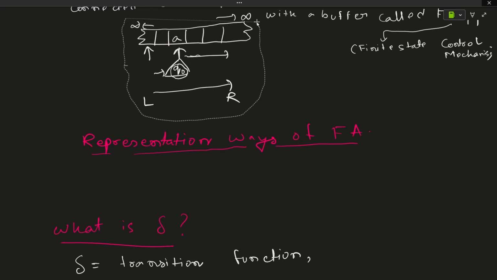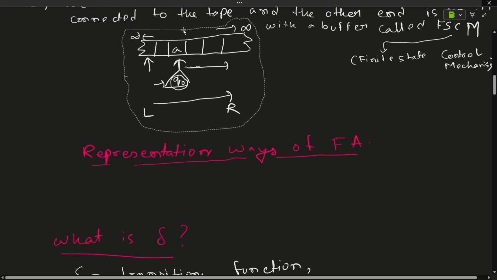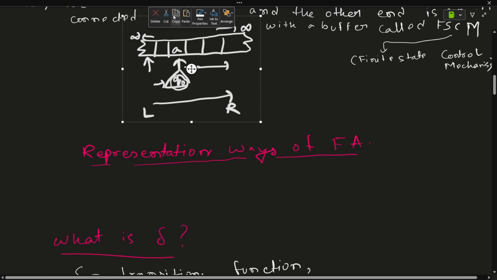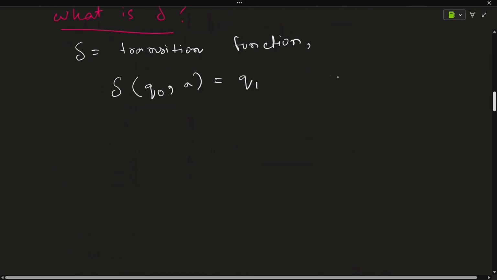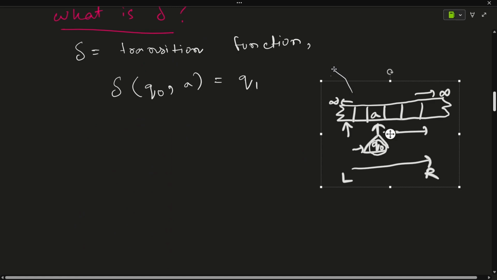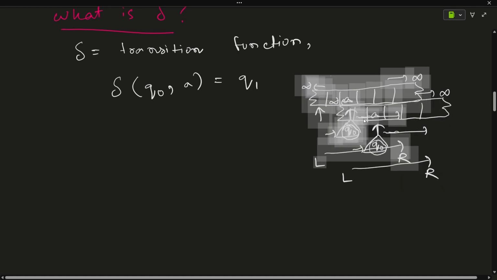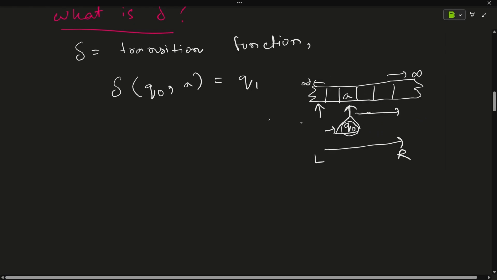Let's copy this FSCM. Let's copy this tape. That's done. So Q naught, a.